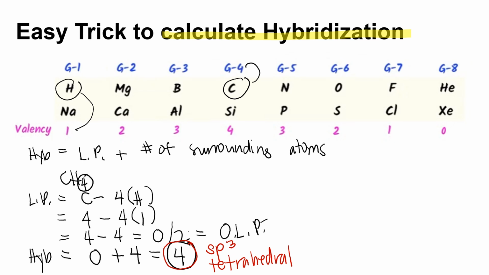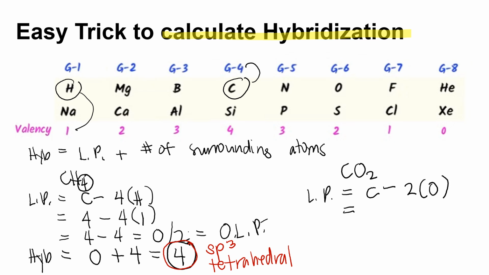Let's have another example. How about carbon dioxide? Again, the trick is to find the number of lone pairs first. The central atom is carbon, and you have 2 oxygens, which are the surrounding atoms.